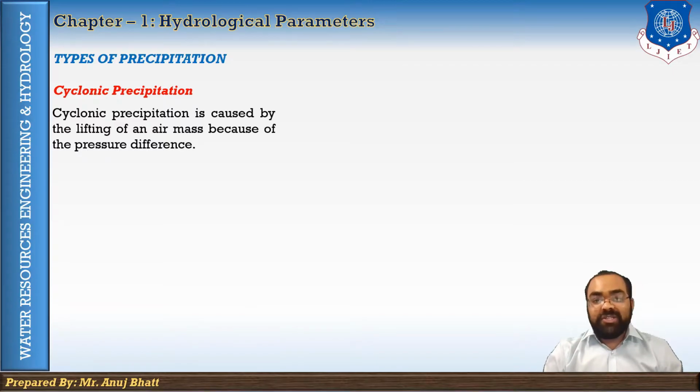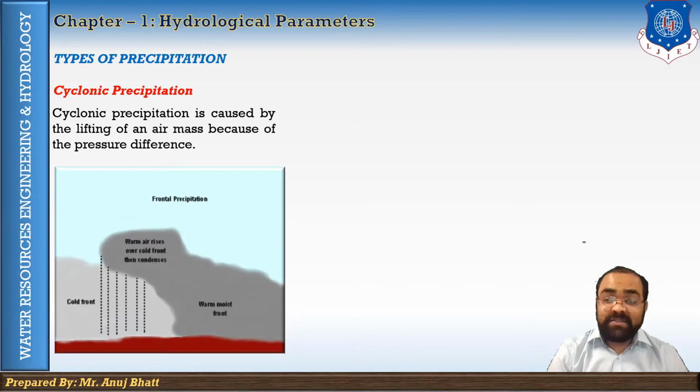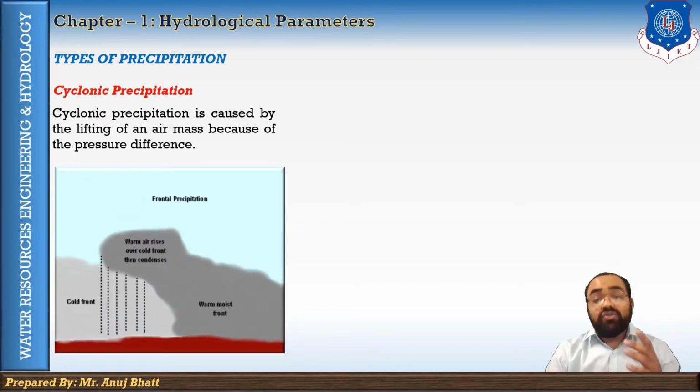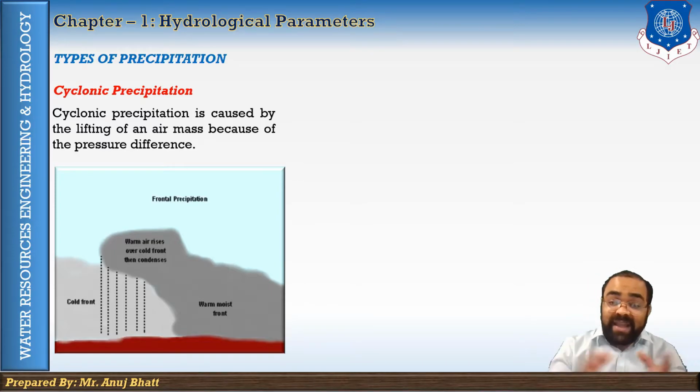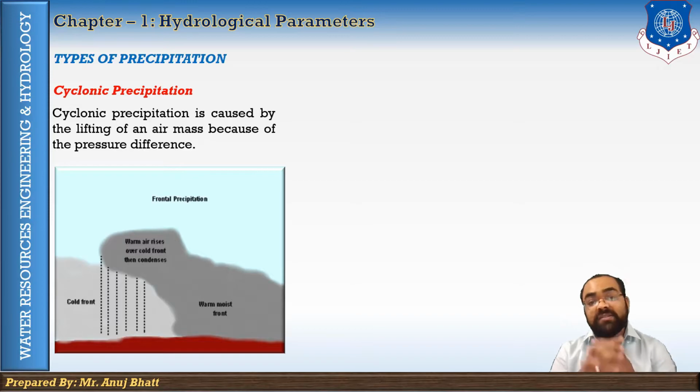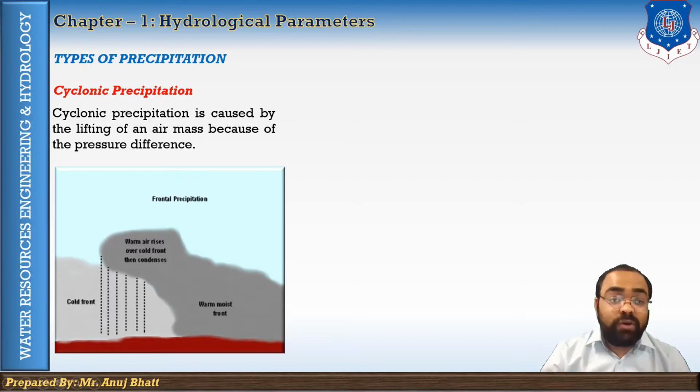Well, cyclonic precipitation may be divided into two parts: the first is frontal precipitation and the second is non-frontal precipitation. Talking about the first one, frontal precipitation: when two air masses with contrasting densities and temperatures clash with each other, precipitation and condensation occur at the surface of contact, where you can observe here.